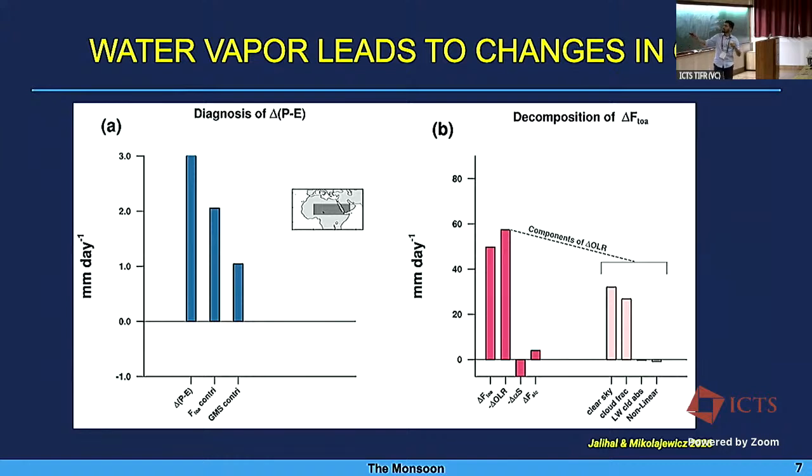So breaking down the F2R into OLR, shortwave, and surface fluxes, we can ignore surface fluxes here. I'm considering only land, so we can ignore surface fluxes. Most of the changes in top of atmosphere radiative fluxes come from OLR. We can further divide OLR into clear sky and cloudy sky components. I've done some additional things here, but essentially all these three parts put together is the cloud radiative feedback on OLR.